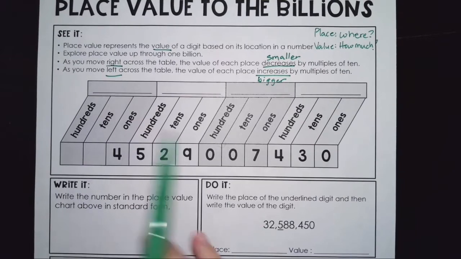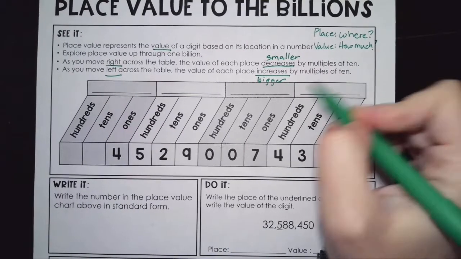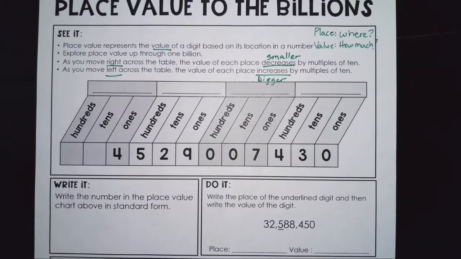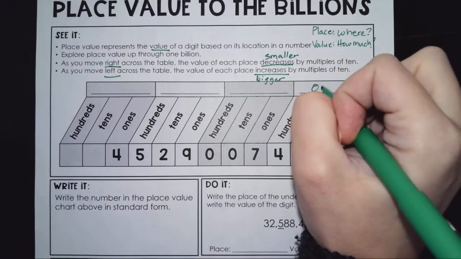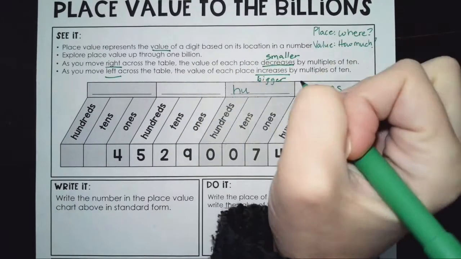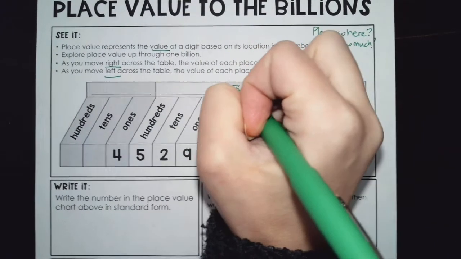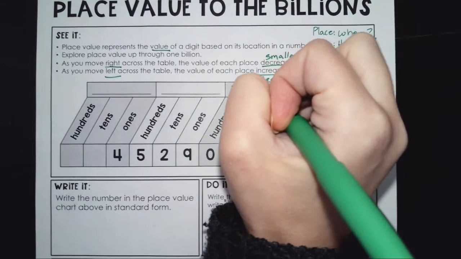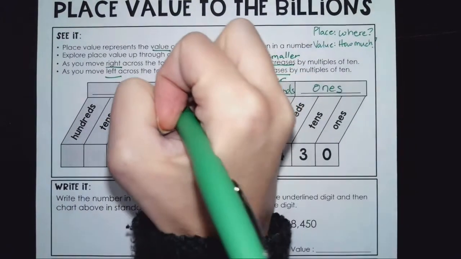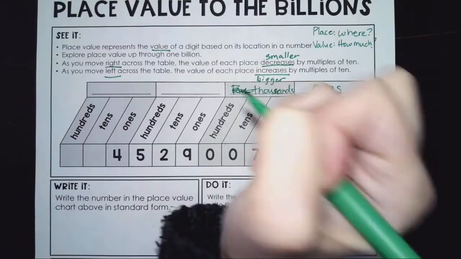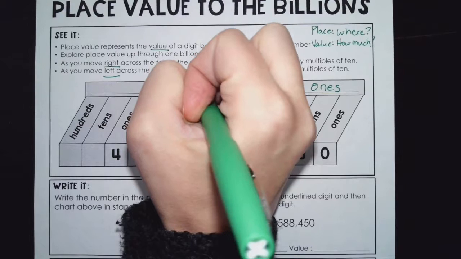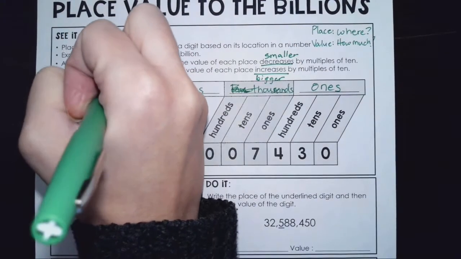Now let's fill in our place value chart. So remember, each group of 3 numbers is broken up into a different section. So this is the ones, the thousands, the millions, and then the billions.